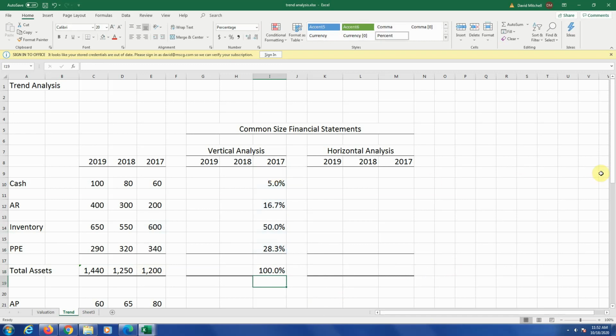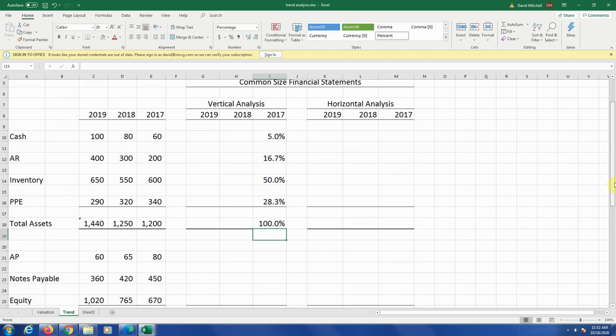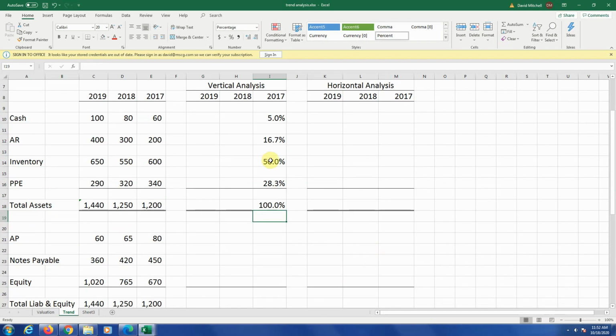Same thing on the liability and equity section. Everything is in terms of total assets. So $80 divided by 1,200 is 6.7%. 450 divided by 1,200 is 37.5%.